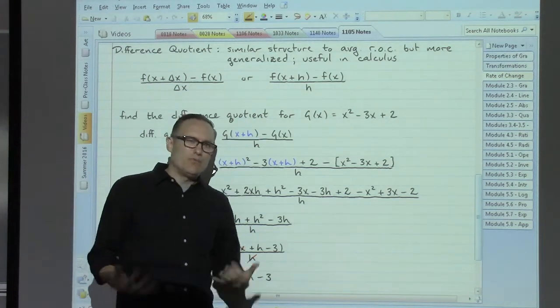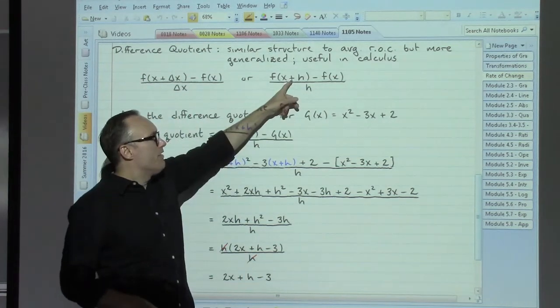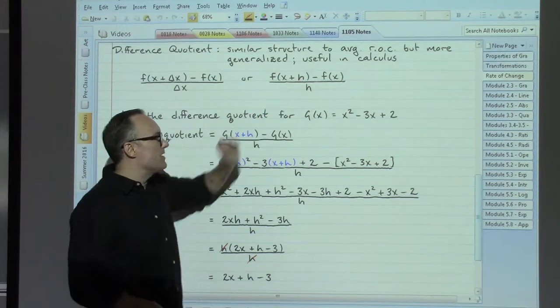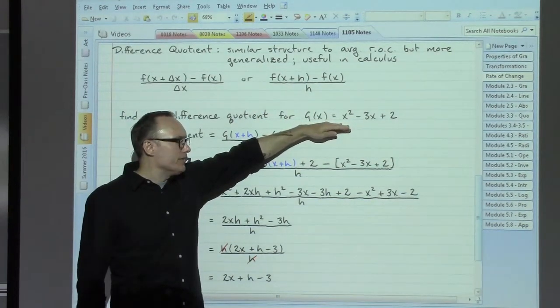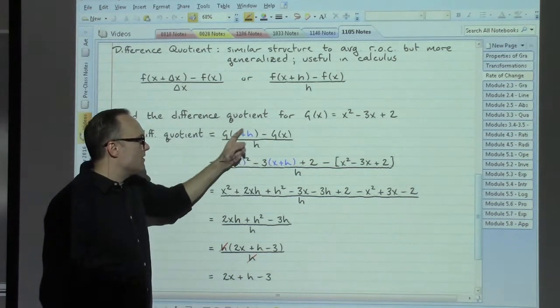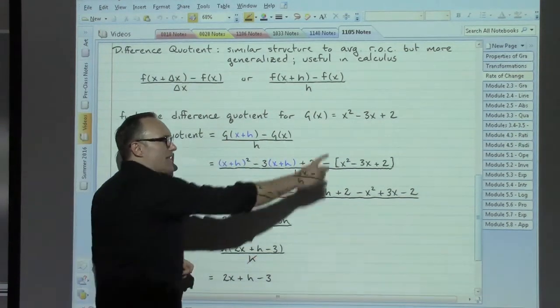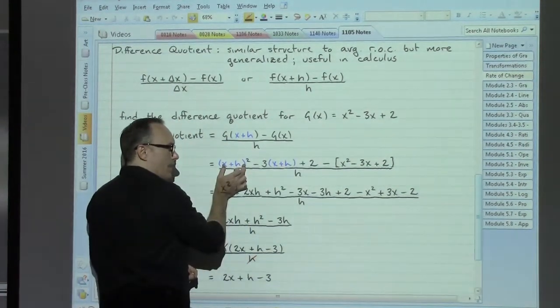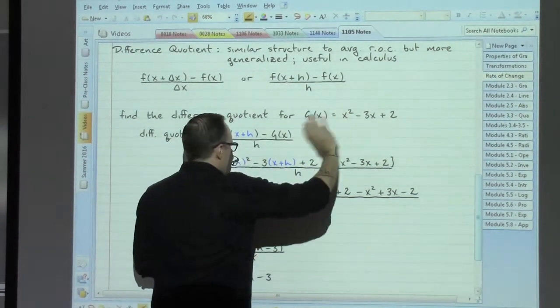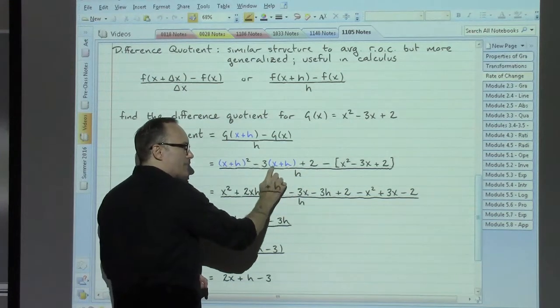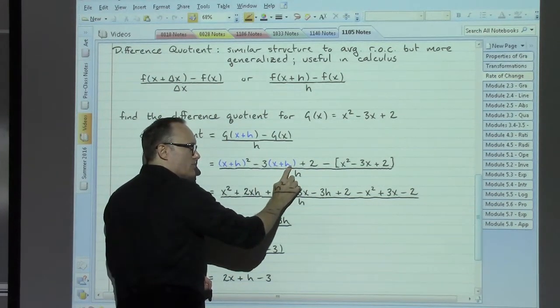Again, algebra, we can work out. We can take our function and plug in this x plus h. So going back to that capital G function that we had mentioned in the earlier example, we can take that function and plug in this x plus h. Instead of the x, x plus h gets squared. Minus 3x, nope, not anymore. Instead of the x, it's this x plus h.